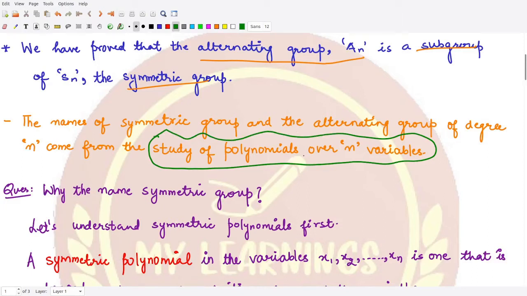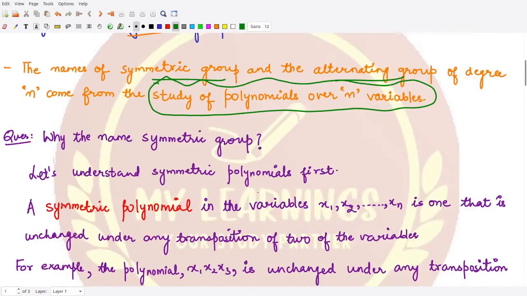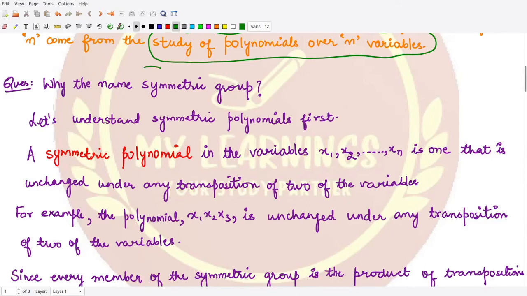So from observing these polynomials, they classified this symmetric group and alternating group, as you'll see in a moment. So why has the name symmetric group been given to the symmetric groups? Let's understand symmetric polynomials first.